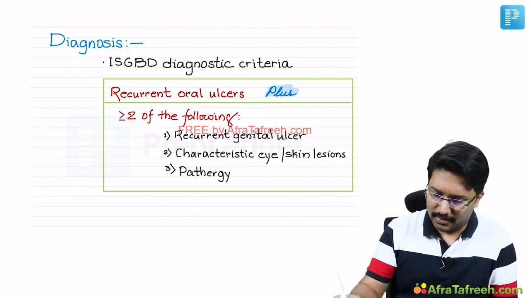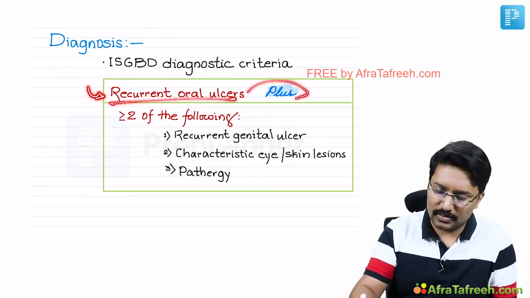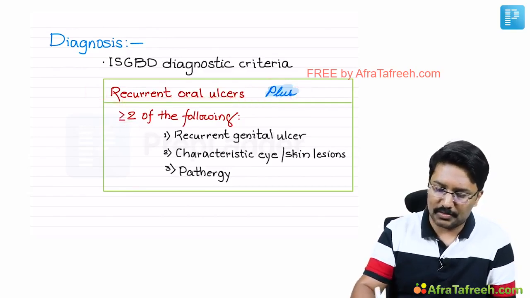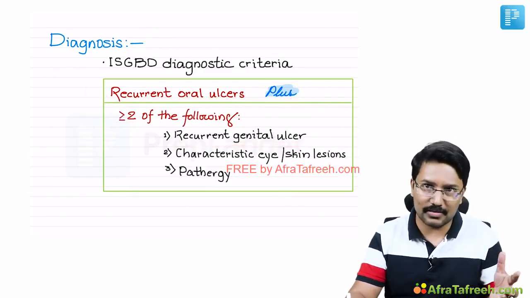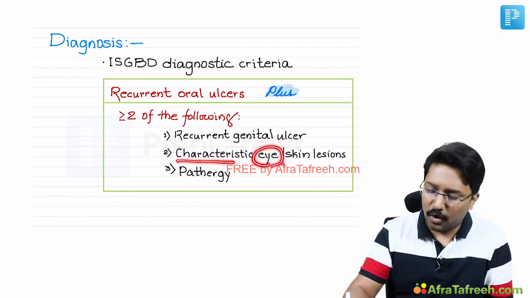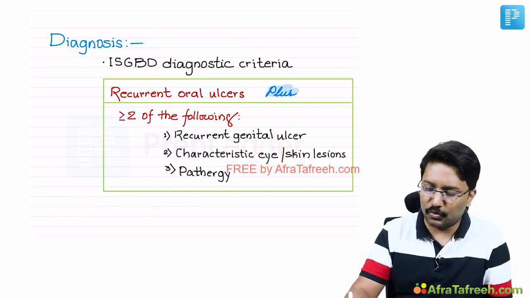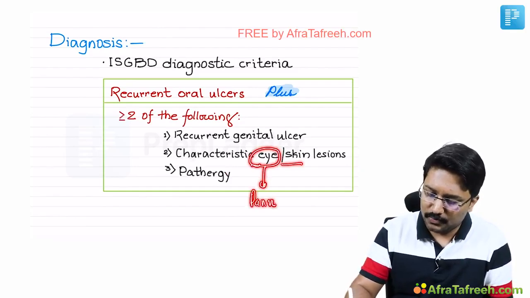Okay. Anyway, coming back to the diagnostic criteria, the number 1 is recurrent oral ulcers plus 2 of the 4 of the following manifestations. The following manifestations include recurrent genital ulcers. We already know the characteristics of the genital ulcers. Then characteristic eye or skin lesions, that is the number 2 and 3. Characteristic eye lesions, we know what is that. That is pan-uveitis.